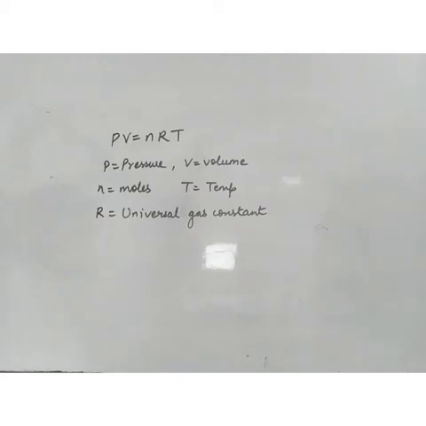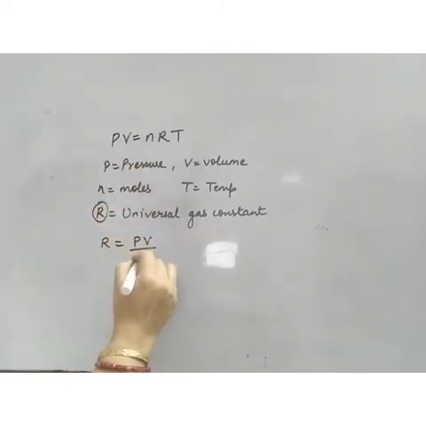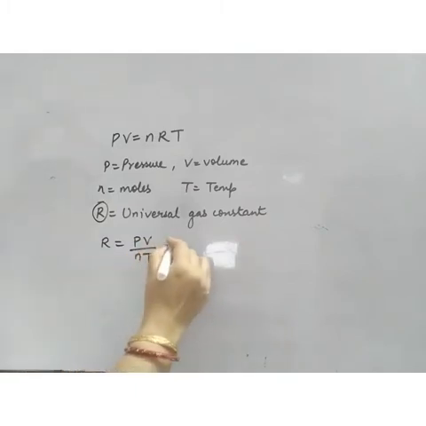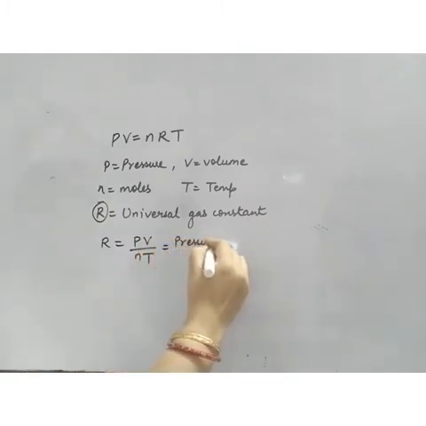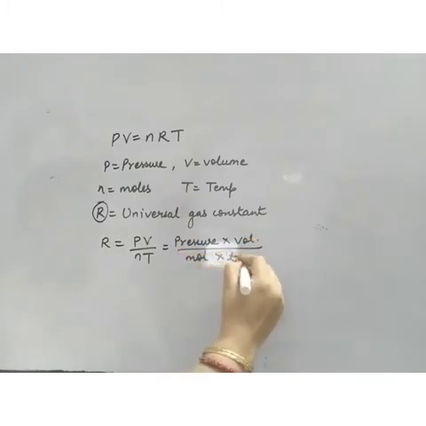Now, what is the meaning of this R, or how to find out the value of R? From this equation, R is equal to PV upon nT, that is pressure into volume upon moles into temperature. Temperature is always measured in Kelvin and moles are moles only.